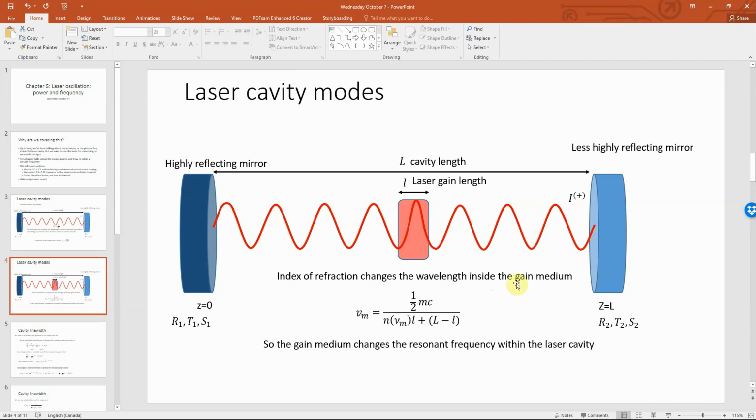So this index of refraction changes the wavelength inside the gain medium, and now this resonant mode is slightly modified by taking into account the length of this gain medium with an index of refraction at this frequency nu of m for the mode number m.